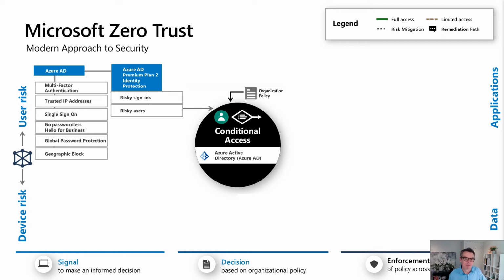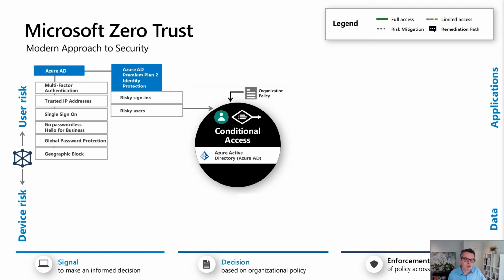Now, a feature you might not be aware of that comes bundled with Azure AD is Global Password Protection. Global Password Protection automatically blocks weak or commonly used passwords that are well known on the dark web, stopping users from using them. You can even add in customized lists of banned passwords, such as ones that might be a variance of your company's name.